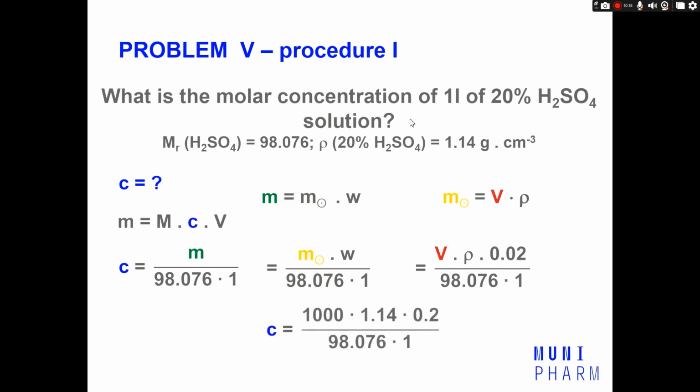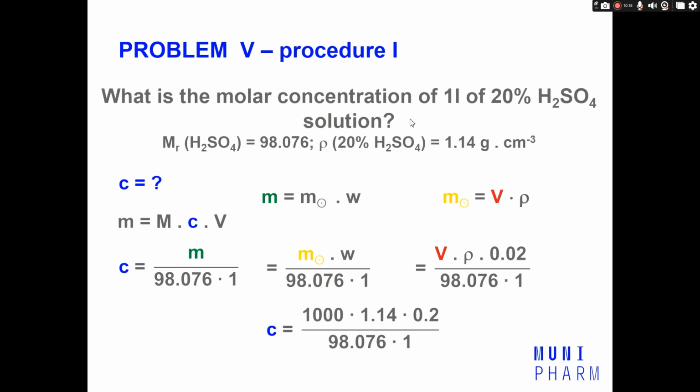I know all the variables in the formula that are given in the task, so I can substitute all the letters with the numbers. And here, be careful while substituting the values into the formula, especially the value for the volume. Why? Because if we use the value of the density that is given in grams per cubic centimeter, we have to use also the volume in the suitable units. It means cubic centimeters.